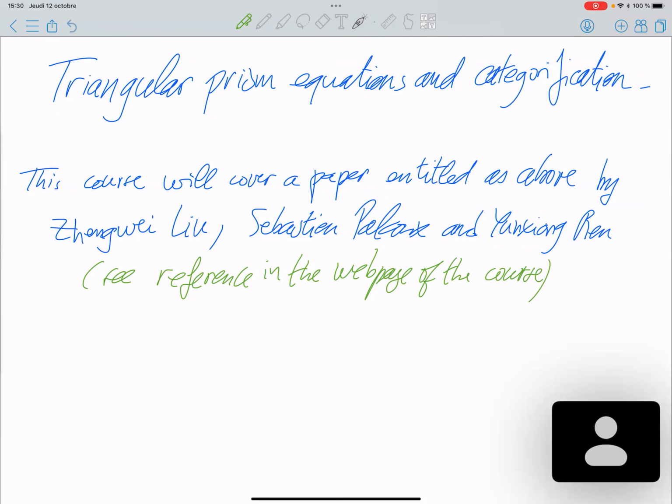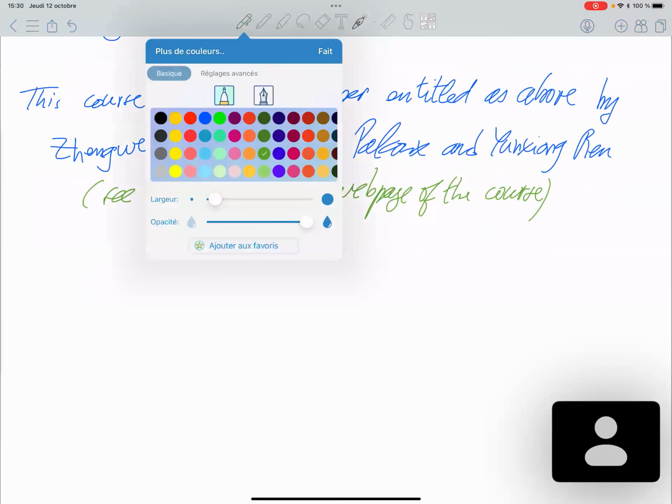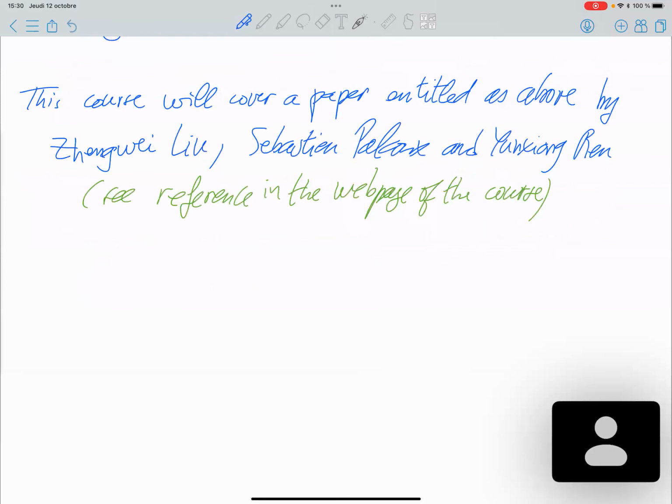So what will this be about? This course will be about categorification. It will be about the categorification problem of fusion ring into fusion categories.